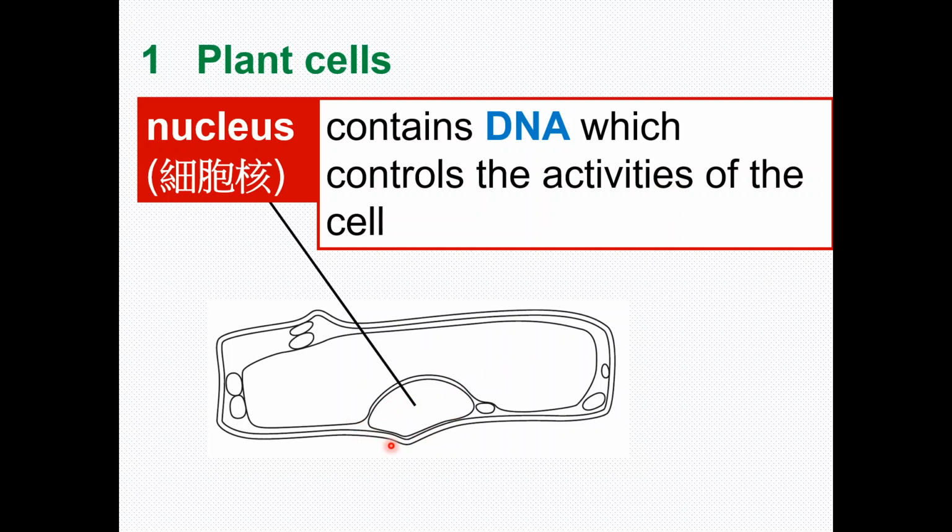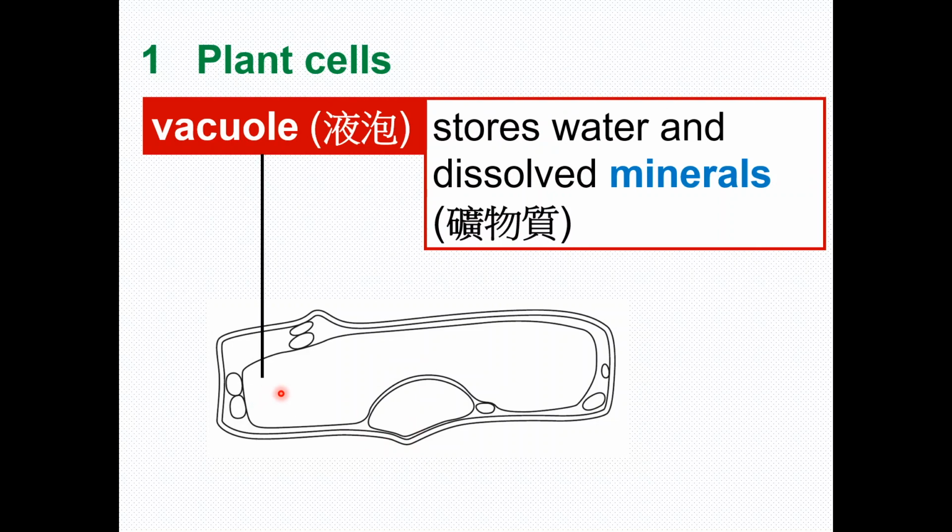Next, you will see a very big circle like this, which is a vacuole. We can see a very large vacuole in plant cells, which is used to store water and dissolved minerals.